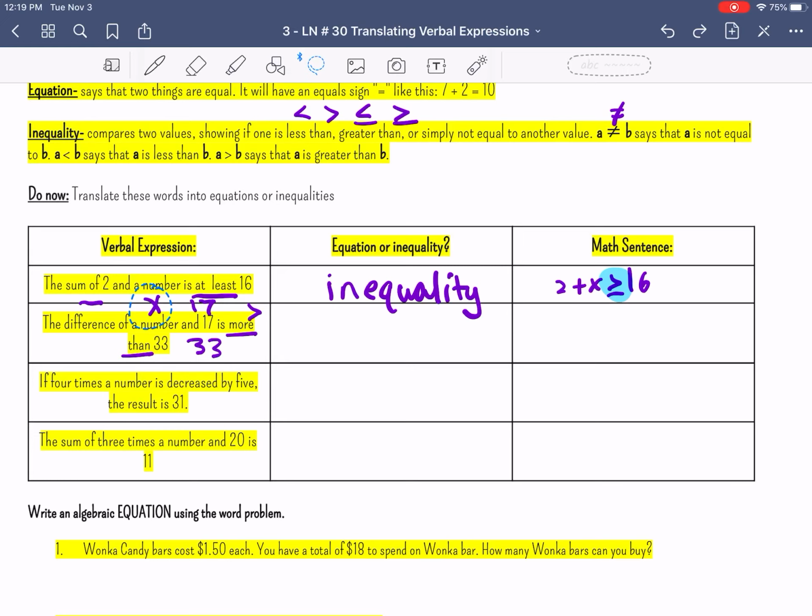So the difference of x and 17, so it does matter what order you put them in. And this is more than, it's not more than or equal to, it's just more than. So you can fill that in here, fill in this section, and then put the math sentence here.